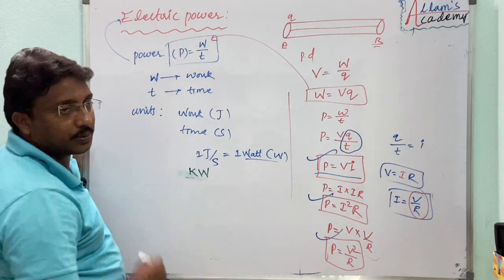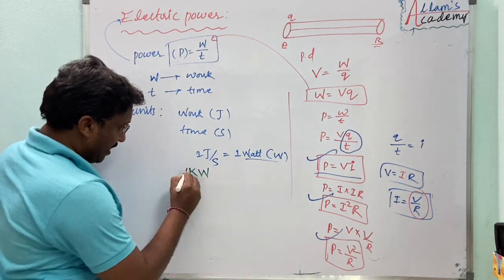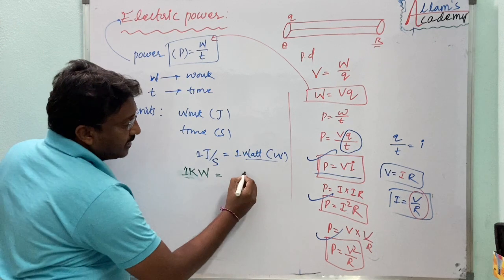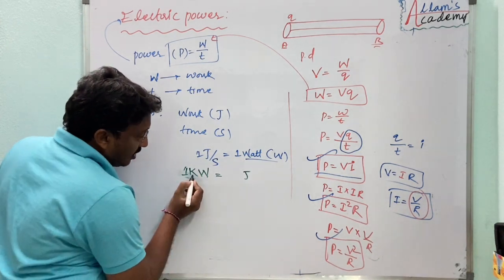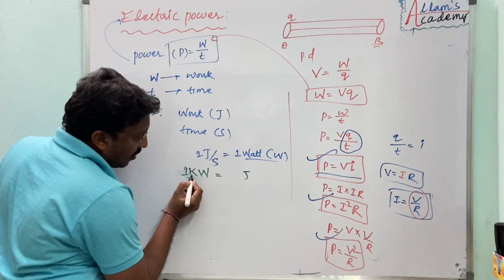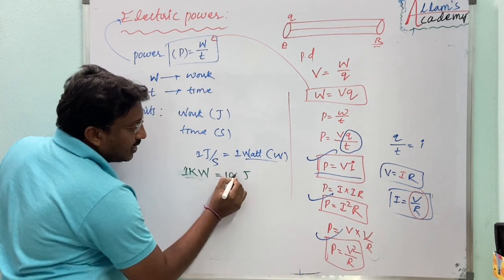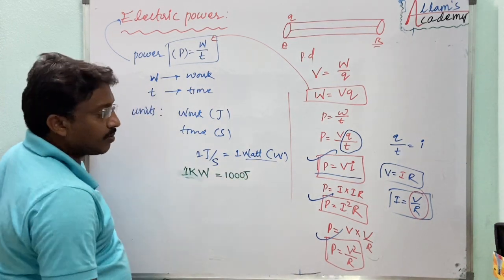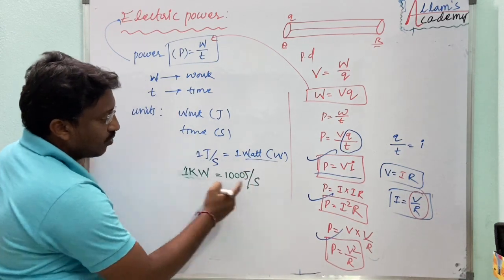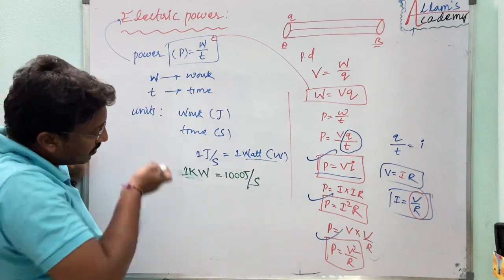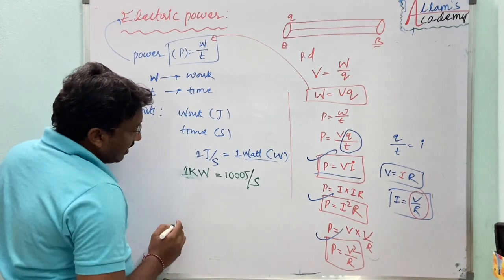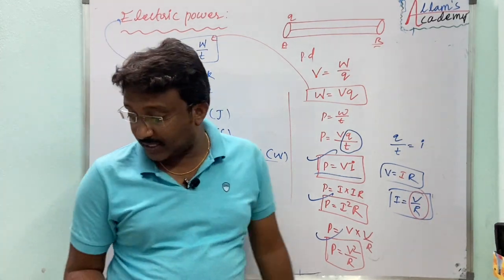Sir, kilowatt equal to how many joules per second? Kilo equal to 1000, so 1 kilowatt equal to 1000 joules per second.